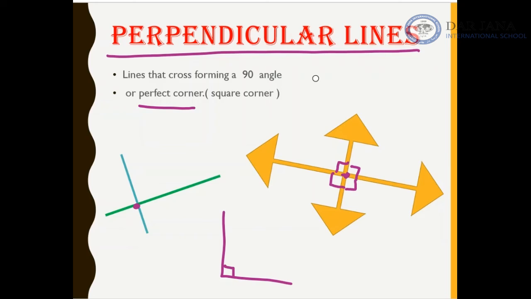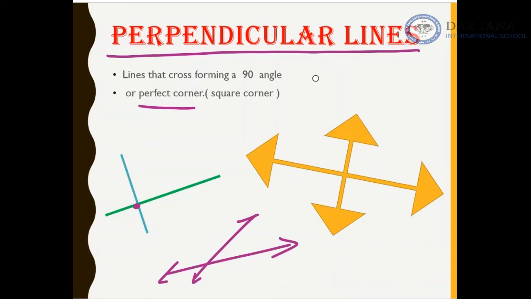So I'm going to show you something. What if you have this drawing? Can you say that these lines are perpendicular lines? No. First of all, they didn't make an L shape.